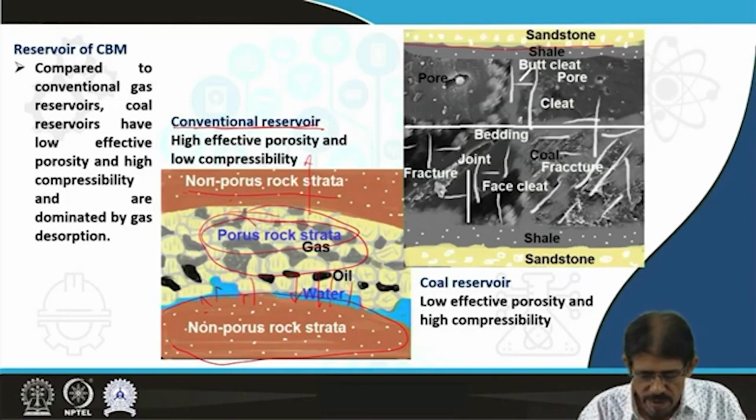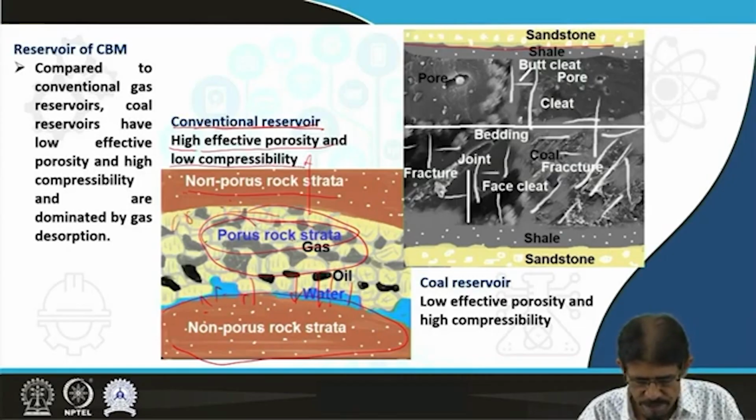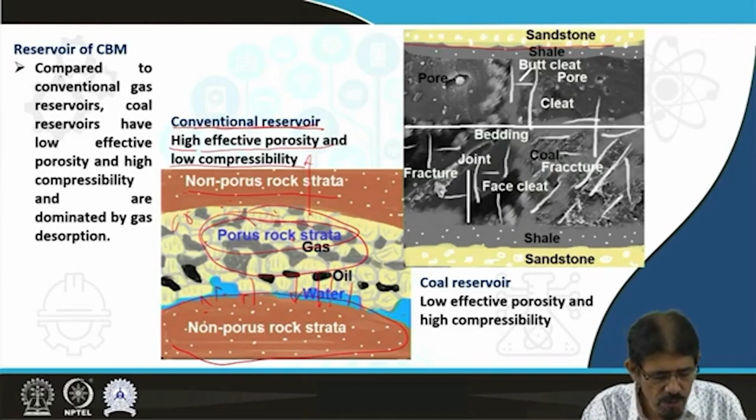Therefore, we can say that the conventional reservoir has high effective porosity and low compressibility due to the presence of these pores. Compared to the conventional gas reservoir, coal reservoirs have low effective porosity and high compressibility.